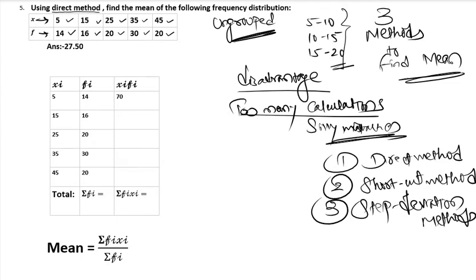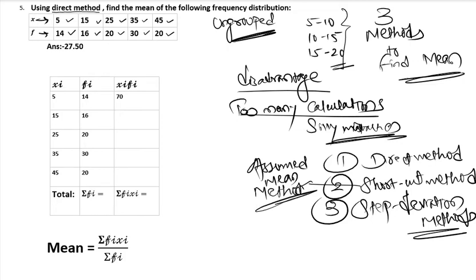In some books, this shortcut method is also referred to as assumed mean method. But generally we deal with three methods, that is direct method, shortcut or assumed mean method, and step deviation method.